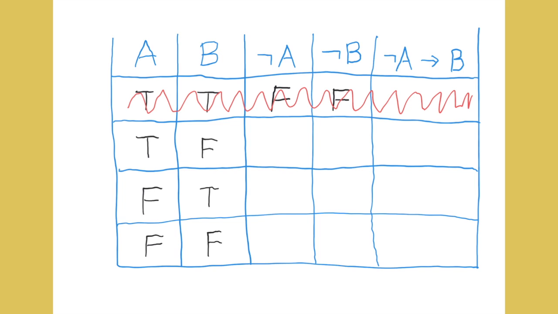Now let us examine the second row. Again, in the third column, we place the value of false. But when we go to the fourth column, we put a value of true, since the second column has established its negation to be false. On the fifth column now, remember, we established in the third column that the statement not A is false.